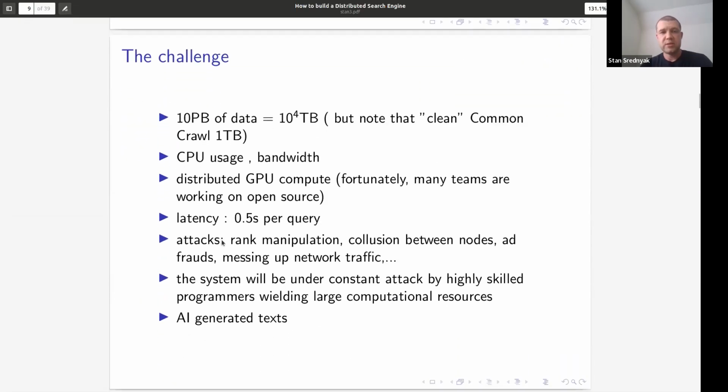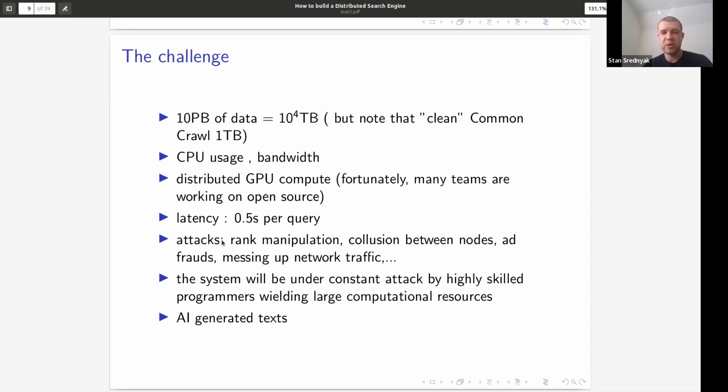But now let's look at the technological challenge of building such a search system. First of all, according to some estimates, the amount of data on the web is on the order of 10 petabytes.